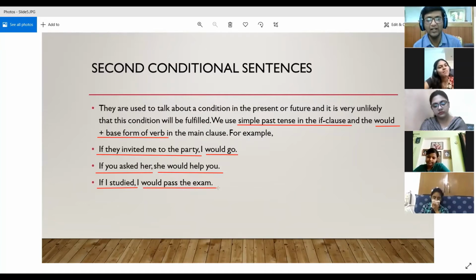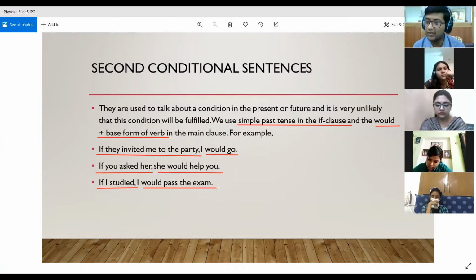If I studied, and would pass is the first form of the verb, so would is there and then the first form of the verb pass, which is pass only. So if I studied, I would pass the exam. Now we have seen three types. First is the zero conditional, where we talk about general truths and scientific facts, and in both the if clause and the main clause, we use the simple present tense.